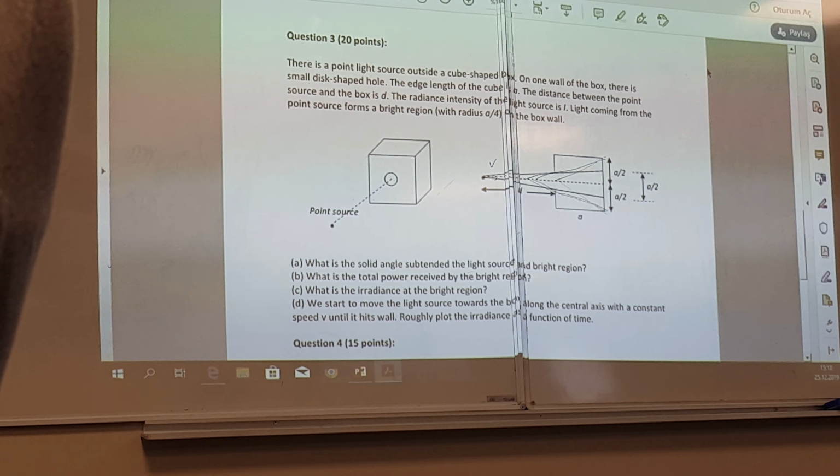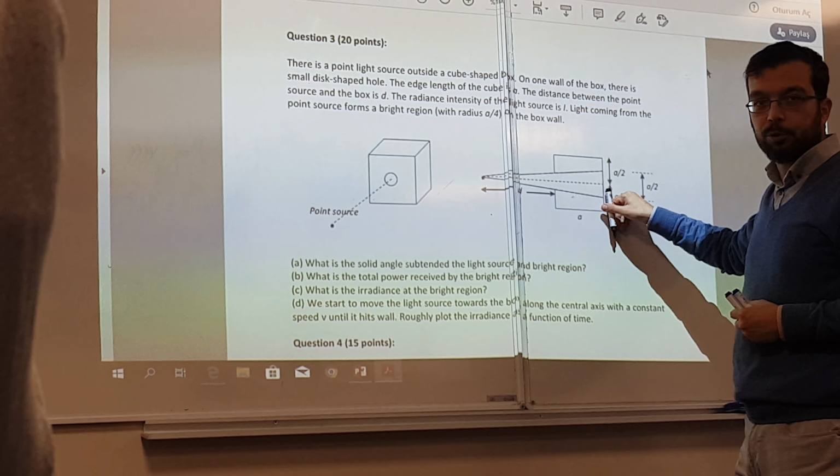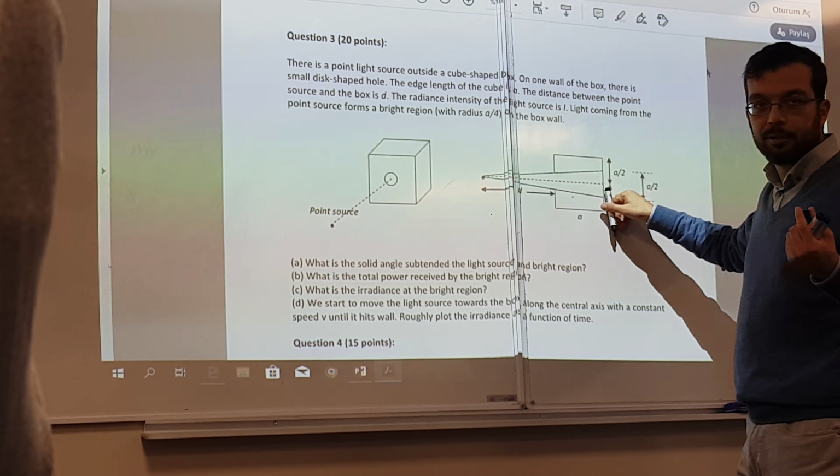Sir, can you repeat part A? Part A, solid angle. Solid angle is this area divided by this distance squared. Since this direction is orthogonal to this plane, cosine theta is cosine 0, which is 1.